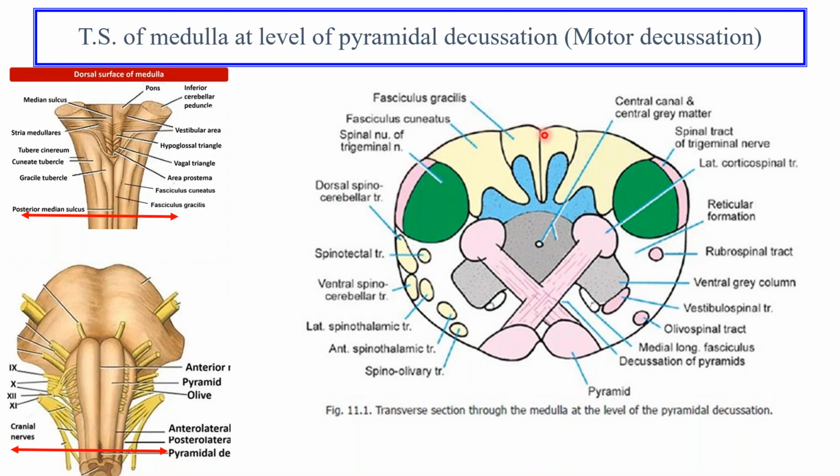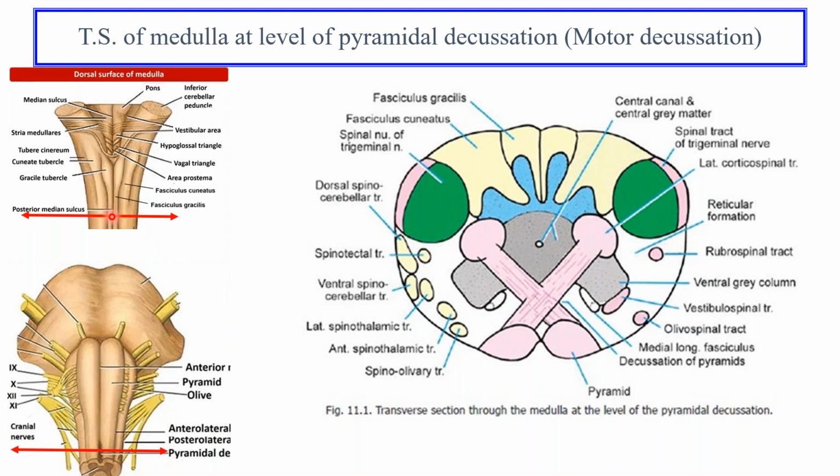Now, while drawing from the posterior-most aspect, what will you draw first? First, you will form this depression. This depression is the posterior median sulcus right here. And from the posterior median sulcus, you then draw these two raised areas from medial to lateral. What are these two raised areas? Let us see over here in this picture, because while drawing this picture, you should remember the gross picture first.